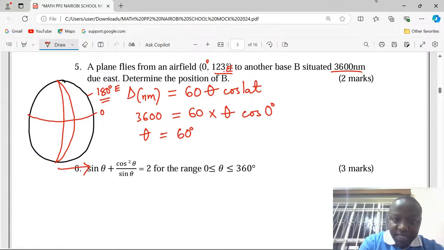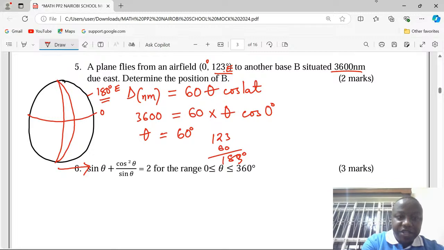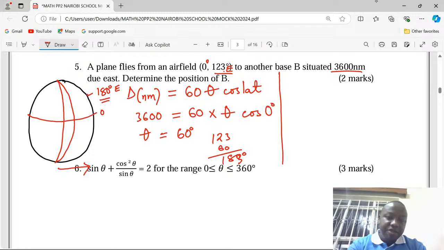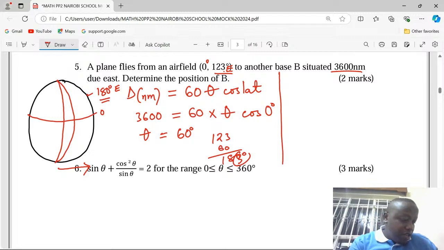In other words, 123 plus 60 gives us 183. 183 means we will have reached the last longitude. Then after reaching it, there are 3 more degrees, so we will be approaching the west side of the globe.